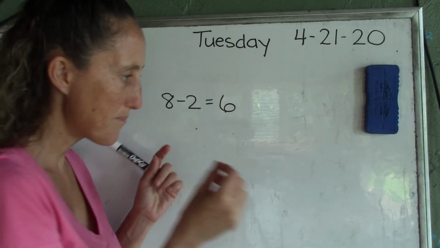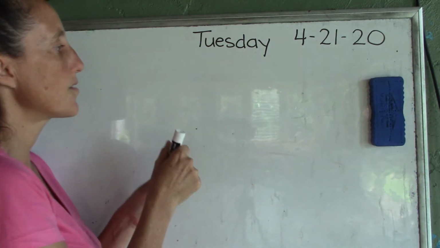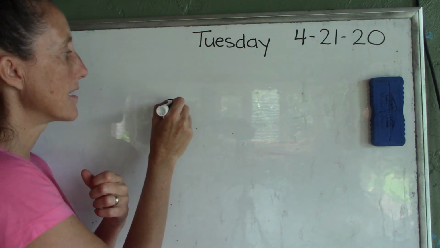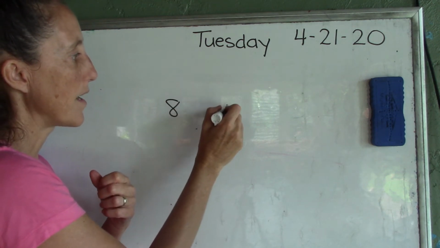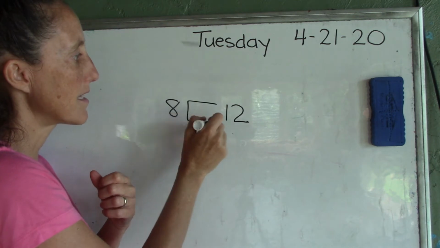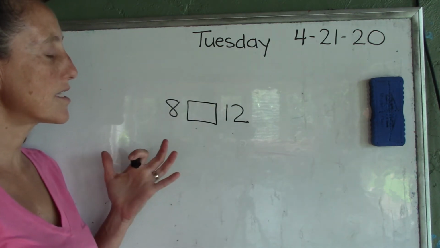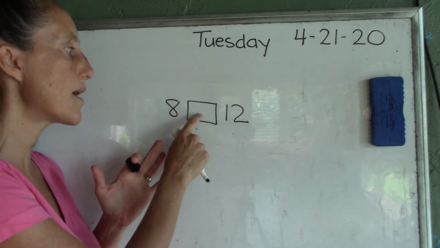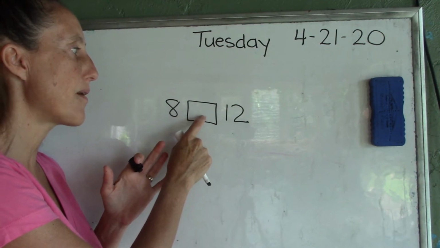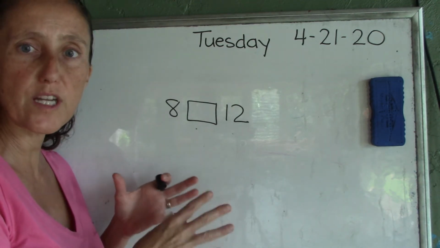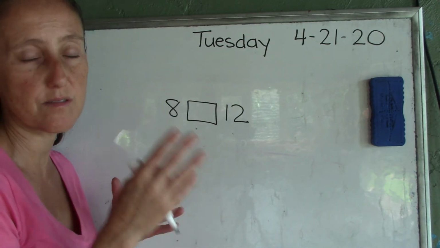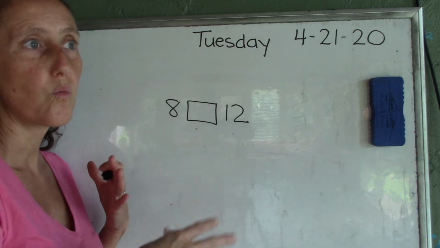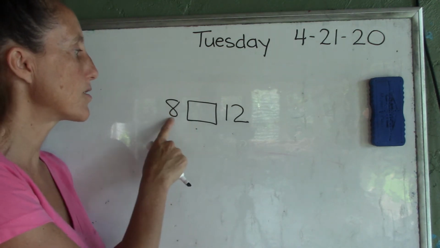All right, if you see 2 numbers like 8 and 12, and then you see a box in the middle, they want you to show what number could go in this box. There's actually more than one number that could be between 8 and 12.